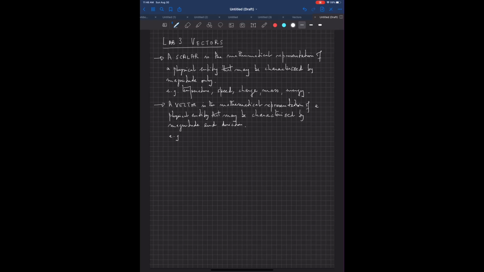Here are some examples. Velocity, acceleration, force, electric and magnetic fields, all right.